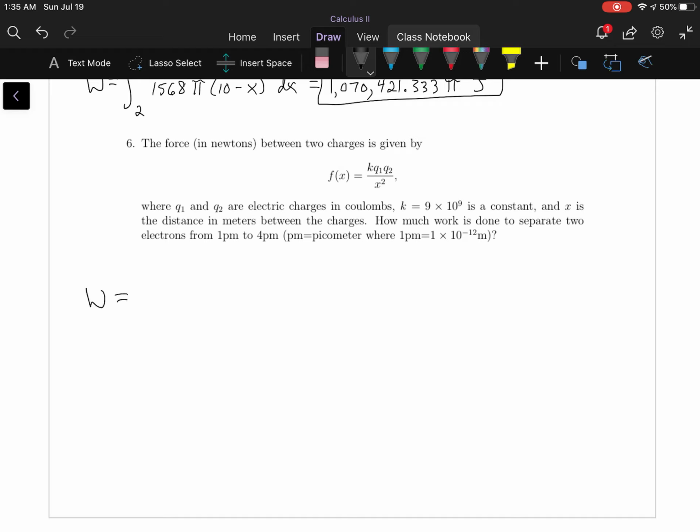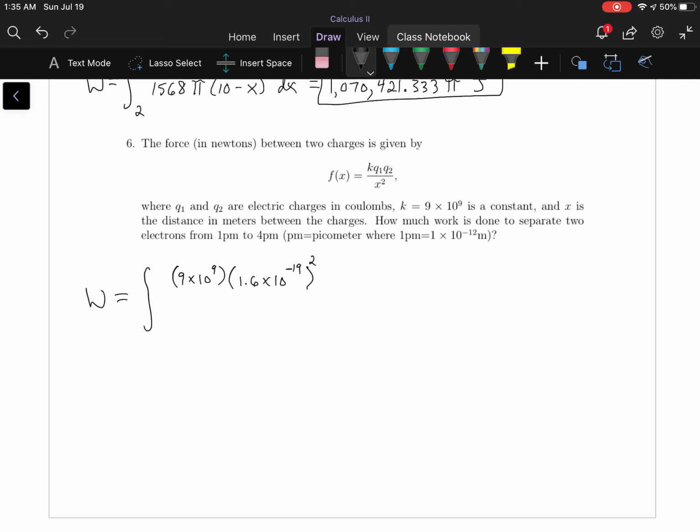So we're given the force function in this example, which means we are going to use that. So K is 9 times 10 to the 9th. Electrons have a charge of 1.6 times 10 to the negative 19.